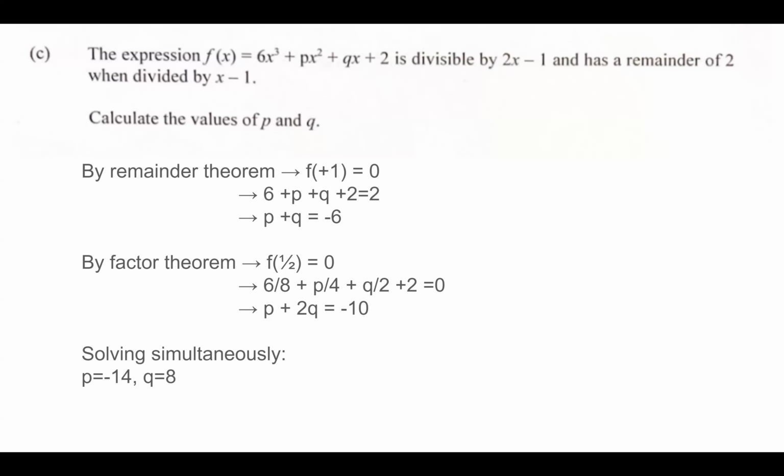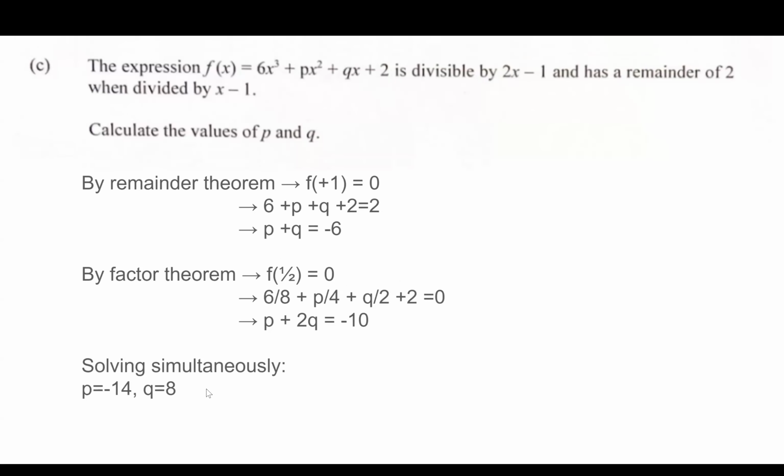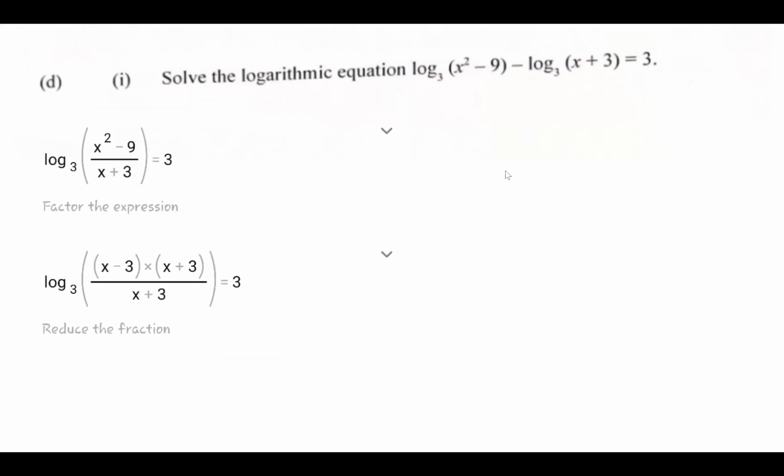So they might not be marking for that. You might just literally say, solve simultaneously. And the moment you solve it simultaneously and you get an answer, you get a mark for saying solving simultaneously. So they don't want to necessarily see your process for solving simultaneously. This is something that everybody already knows how to do at the CAPE level. It's about, did you apply remainder and factor theorem?